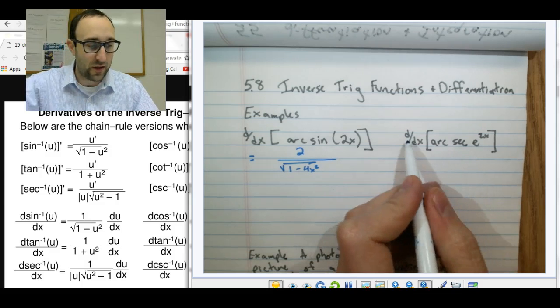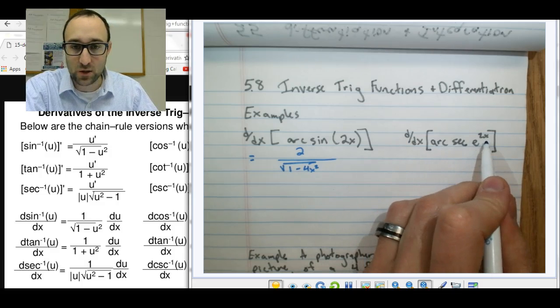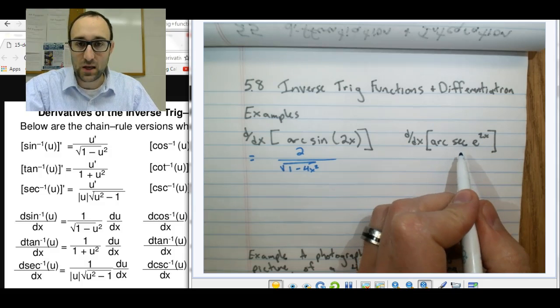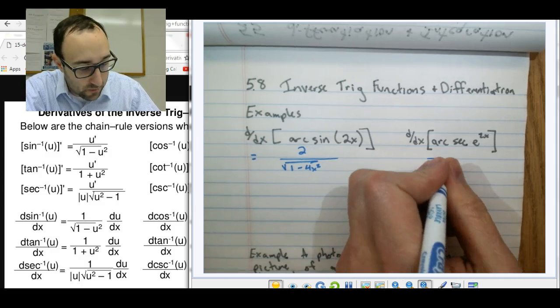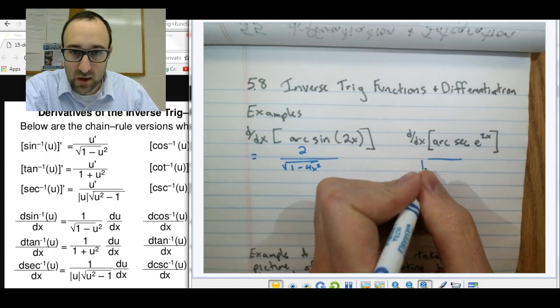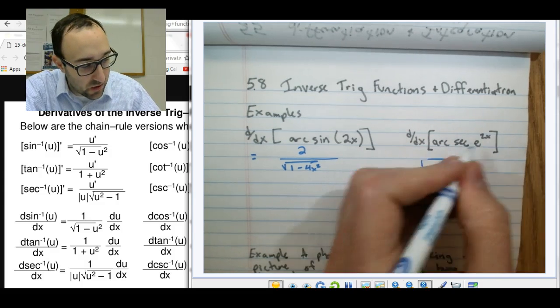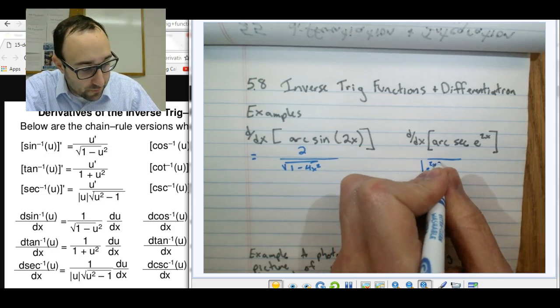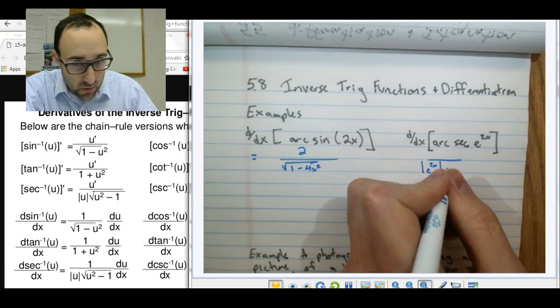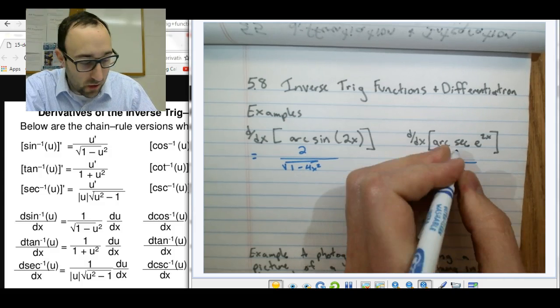Okay, good. Now the next one we have is arc secant of e to the 2x. Arc secant is the one that has the absolute value, so let's do that part first. The absolute value of u, which is all the stuff in here, e to the 2x, times the square root of u squared minus 1.